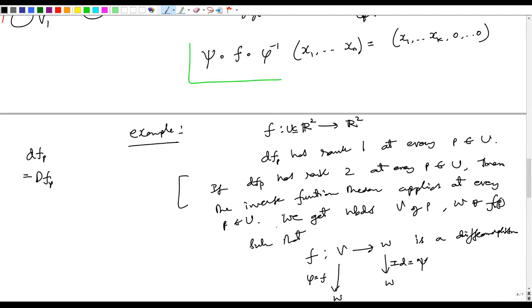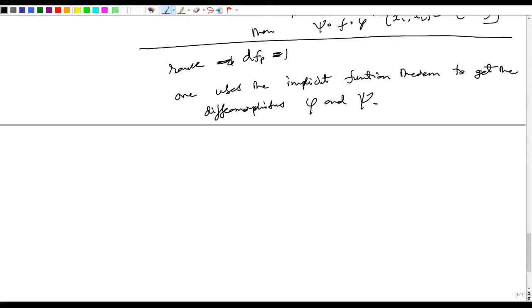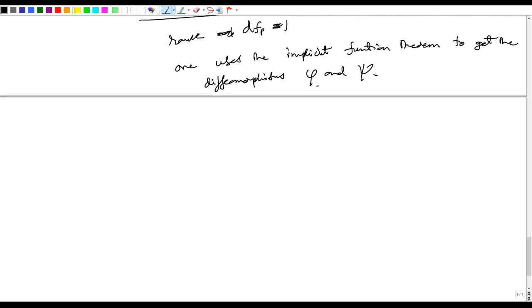Just take R2 to R2 and rank 1 and see how it works out. That will give you a clear idea how to proceed. So essentially, the inverse function theorem can be used to solve this. So if you still are not clear, maybe we can come back to this later on as well. So I suggest you have a look at the proof.